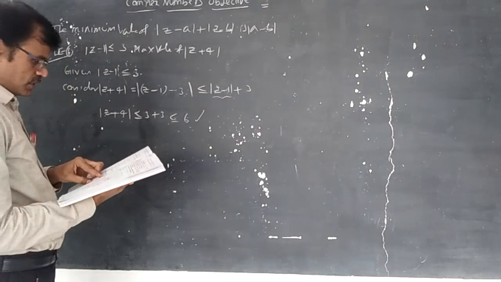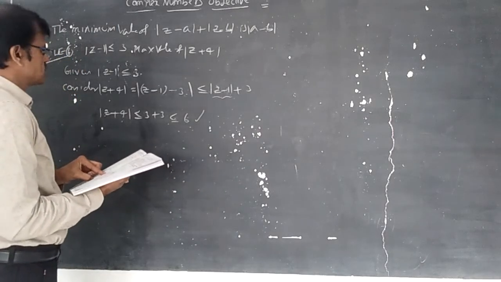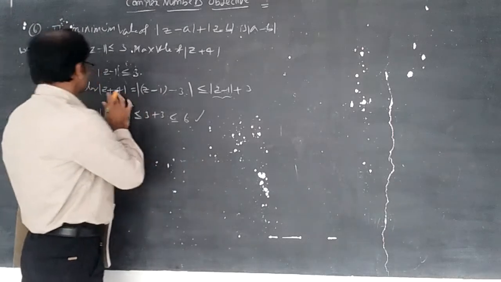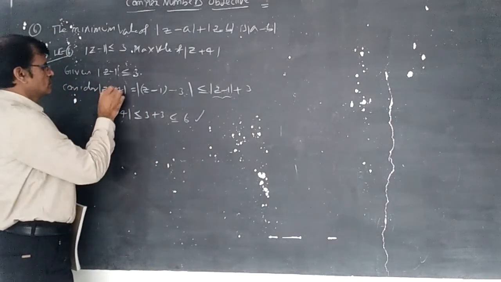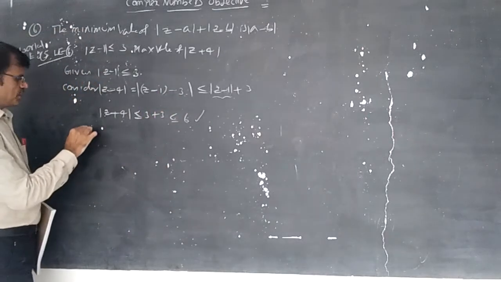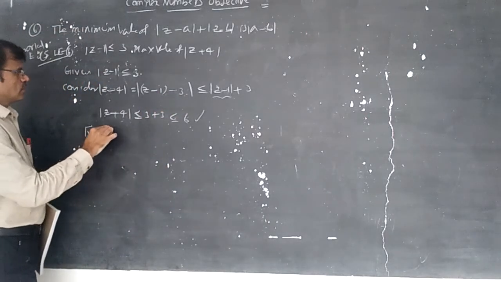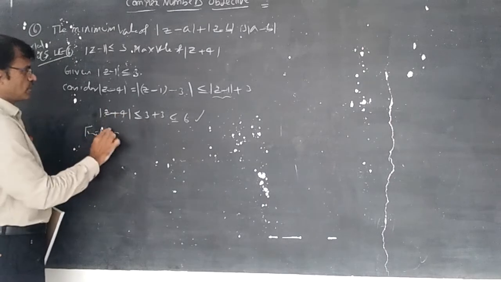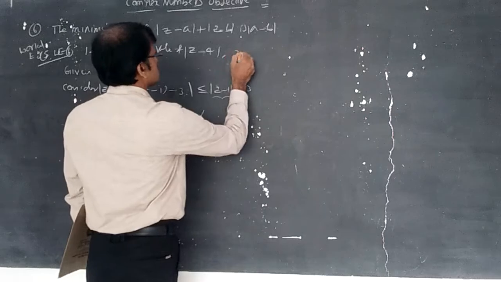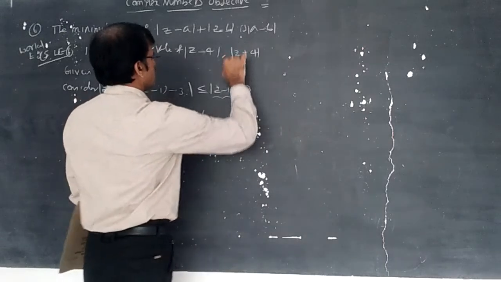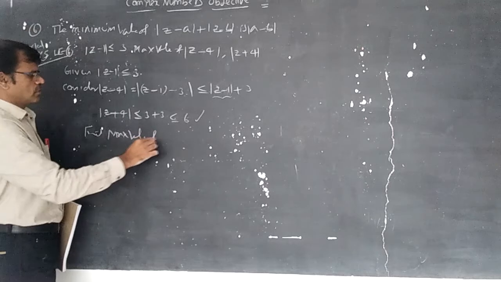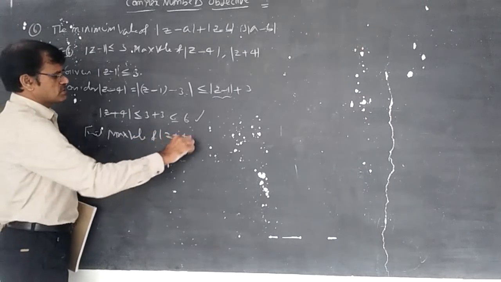We got only z plus 4, but we need z minus 1 plus 4. Keep that aside and simply change the question. Now find the max value of modulus of z plus 4.